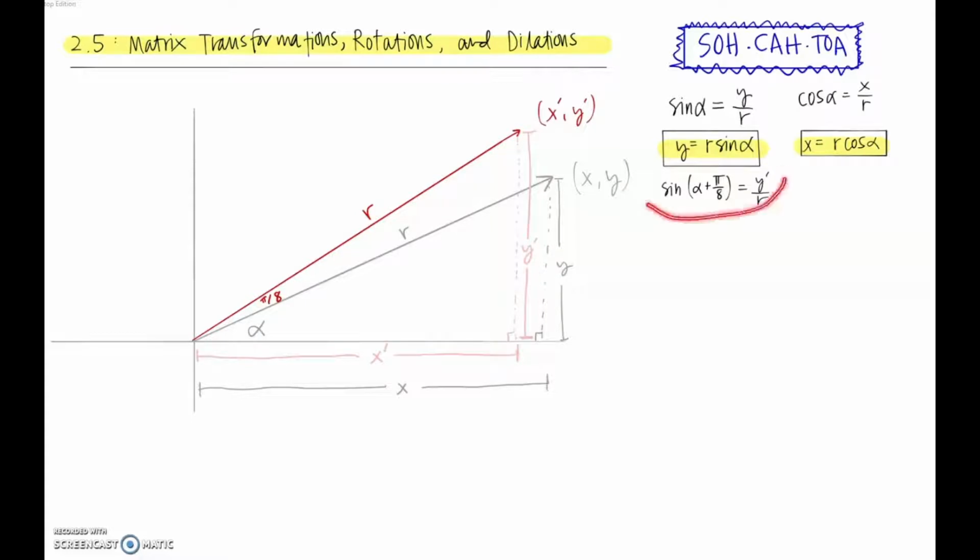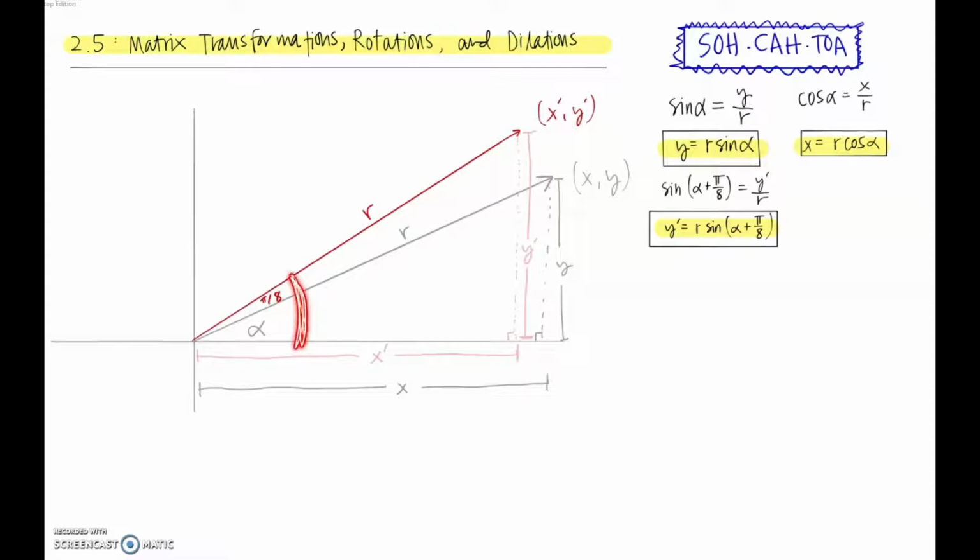So sine of the sum of these is y prime over r. So we've got this relationship just coming from how trig functions work. And then I'm going to do the same thing, multiply both sides by r and find out just what y prime is. And I'm going to do the same thing for the cosine of this angle.